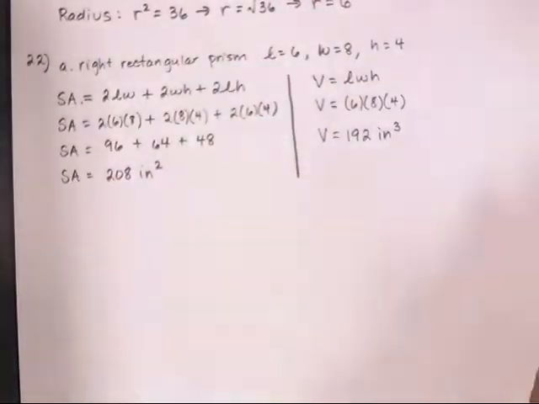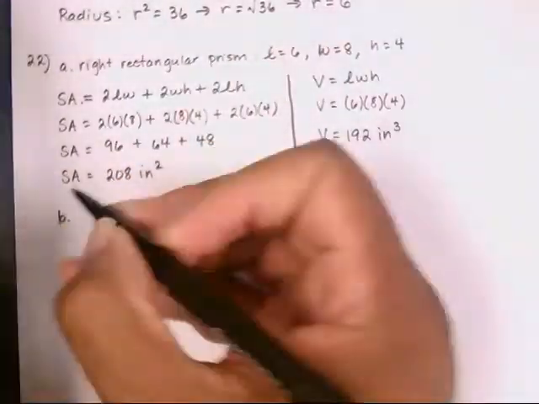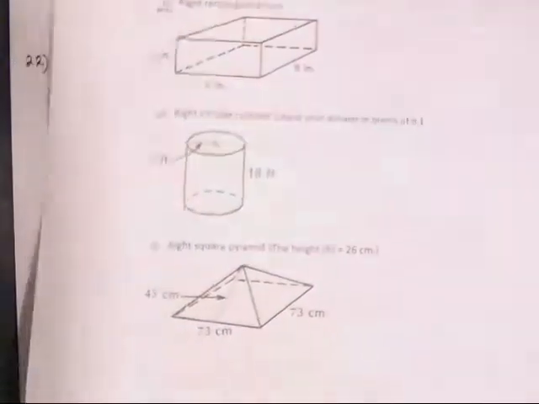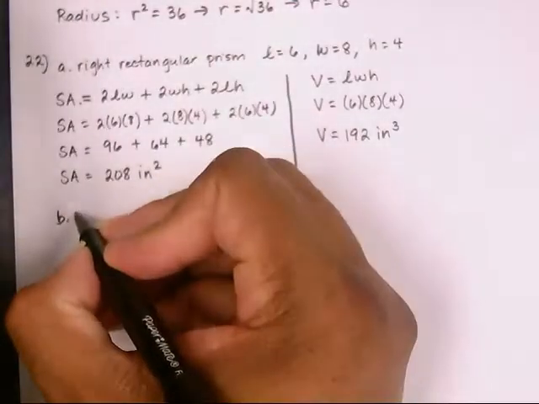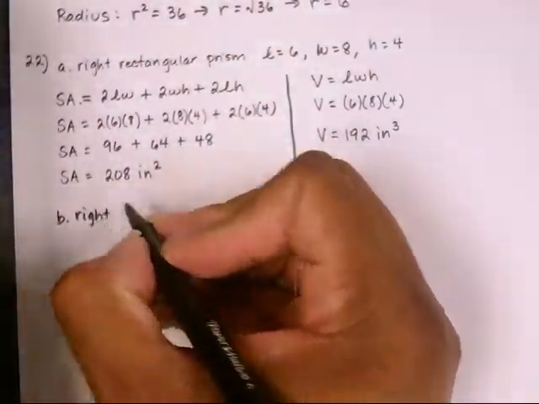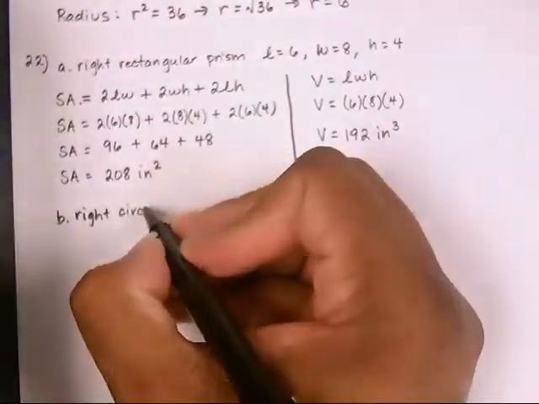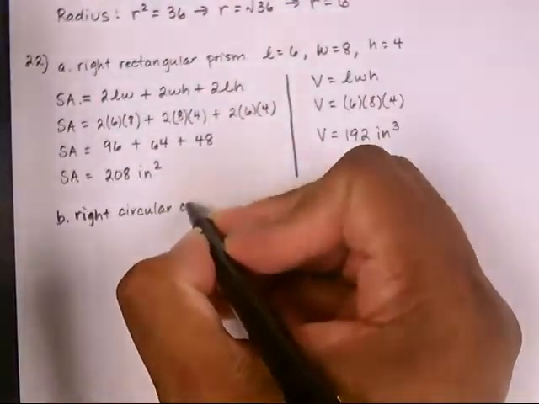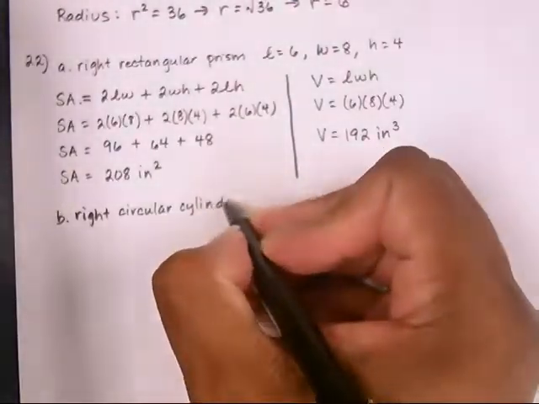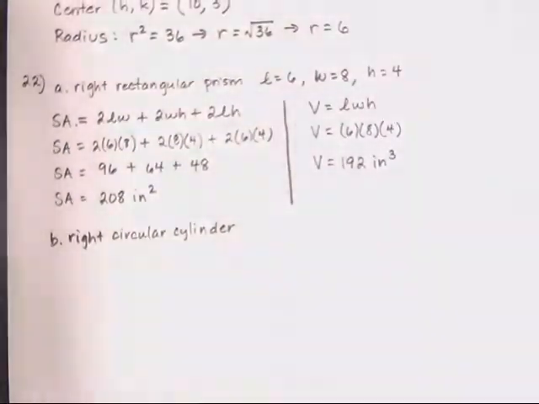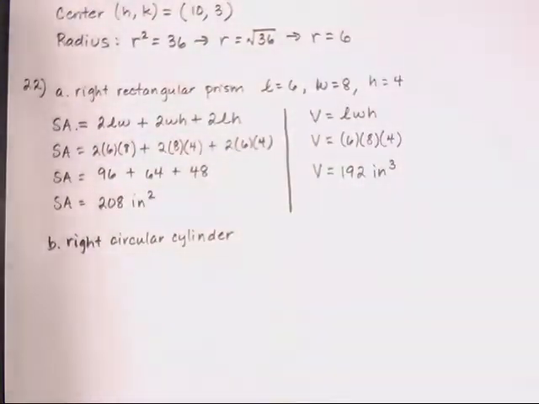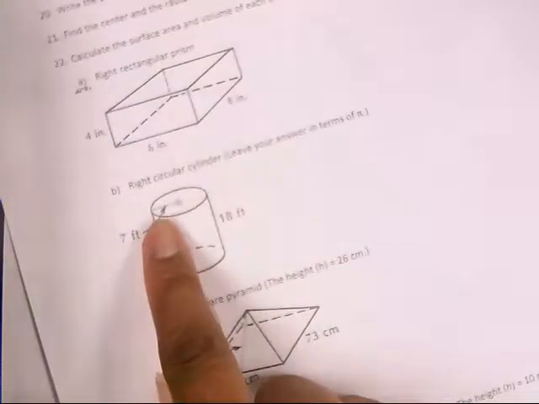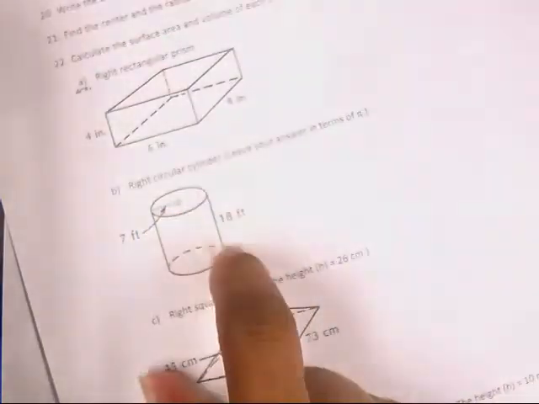Okay, now part B. Part B is a right circular cylinder. In this case, in a right circular cylinder, we have a radius of 7 feet and a height of 18 feet.